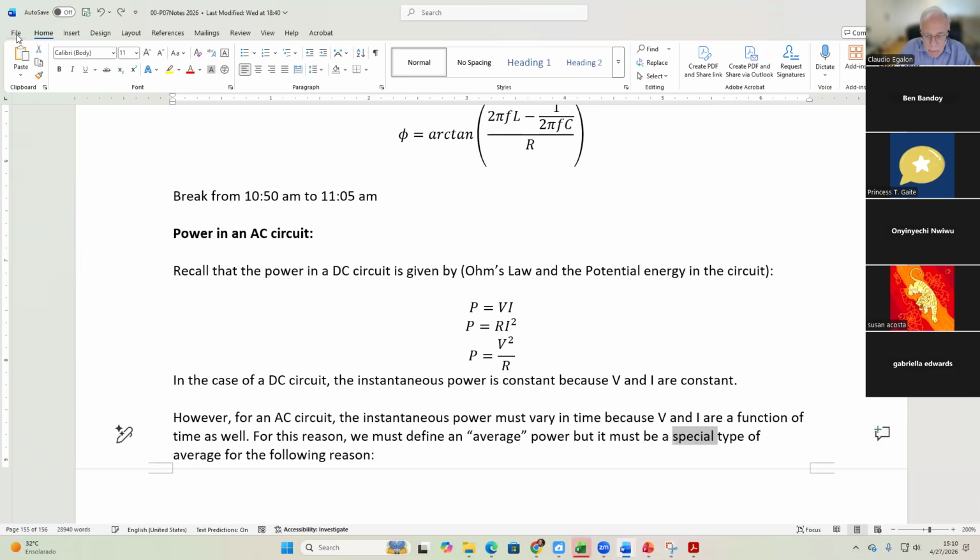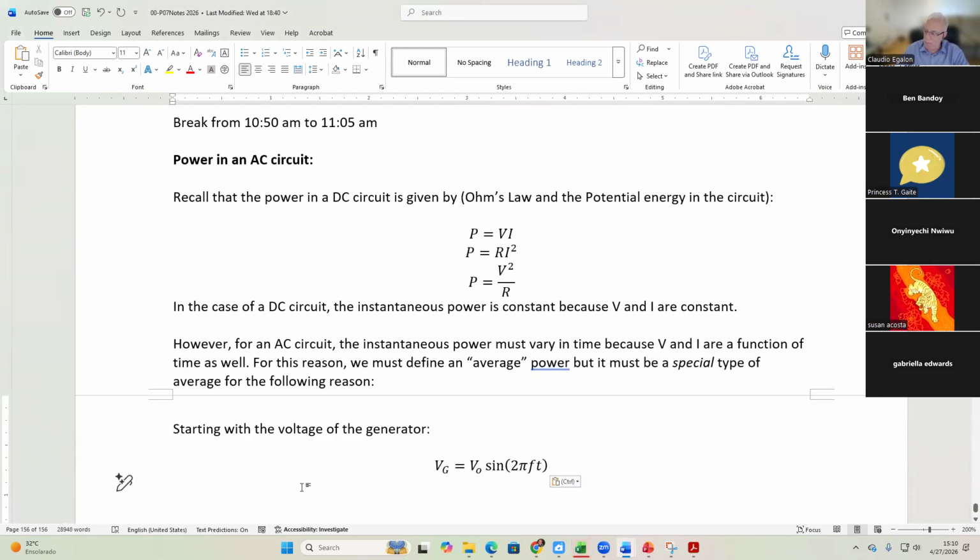Let's start with the generator. I don't think I talked about that before. That's the voltage of the generator, V naught sine 2 pi f t.